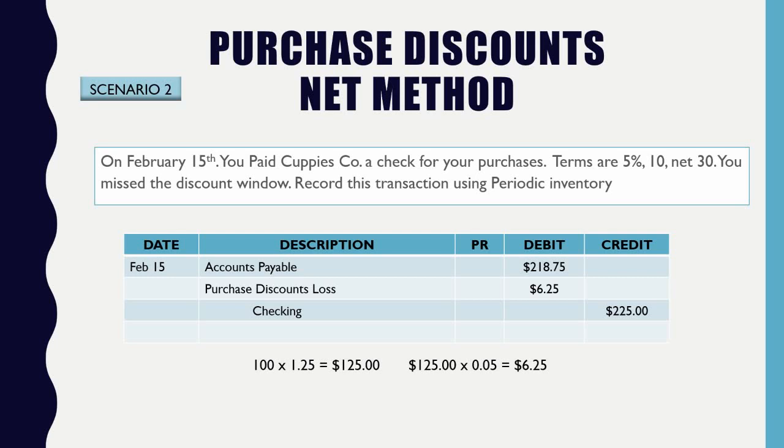Okay? Because the idea here is you are supposed to record your purchase expense at full price, but no, you decided to purchase it at the discounted price. And because the condition was not met and you failed to pay within the discount due date, now you need to correct it by putting in a contra account, which is a purchase discount loss, right?